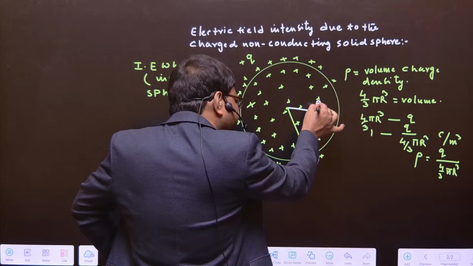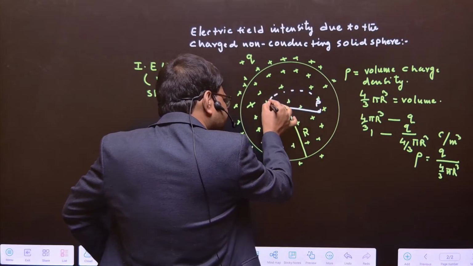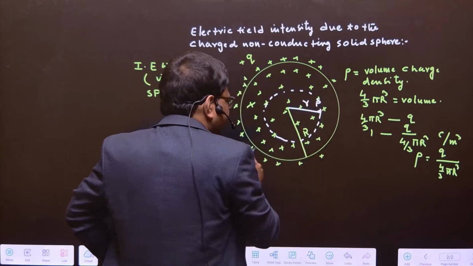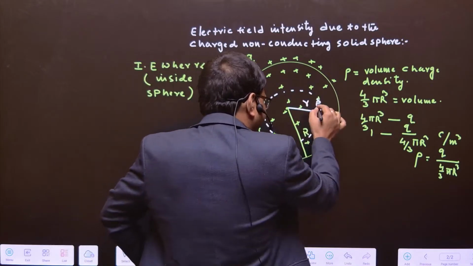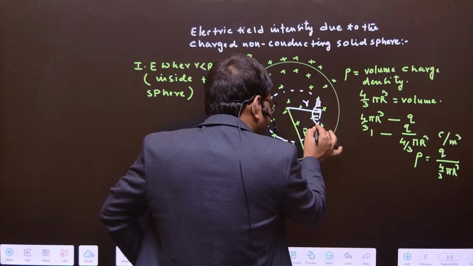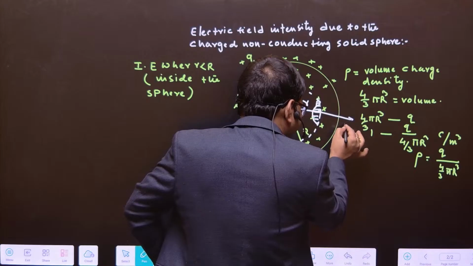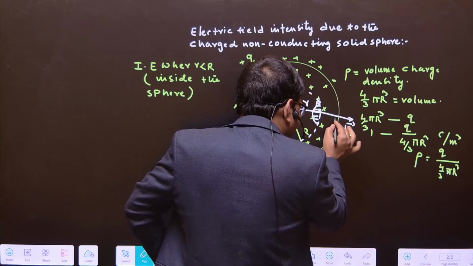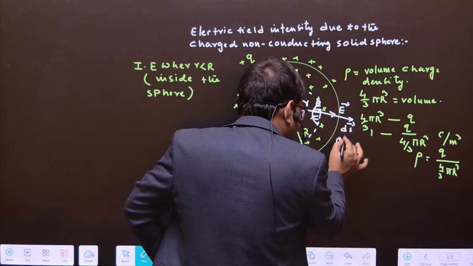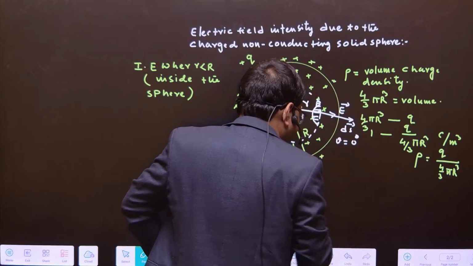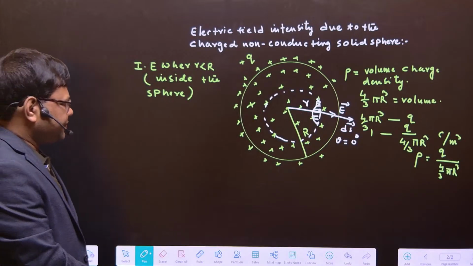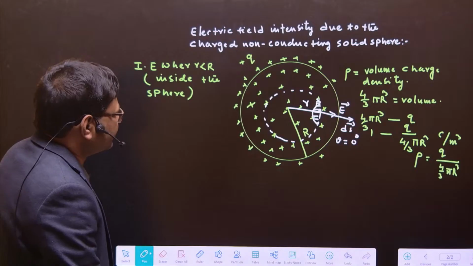So taking that point, draw one Gaussian surface with radius small r. Again, like before, draw one small area direction, ds vector, and also the electric field direction, E vector. The angle between E and ds, theta, is equal to 0 degrees. Clear? Any problem to understand, students?